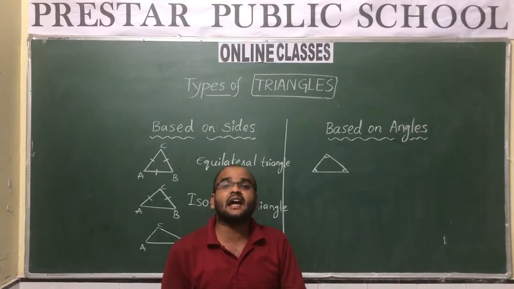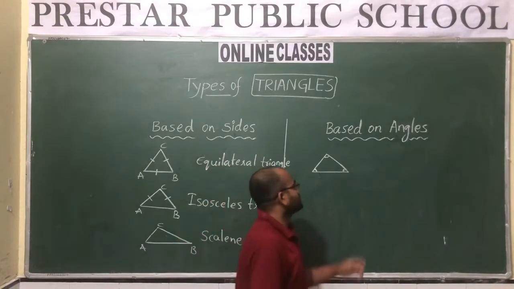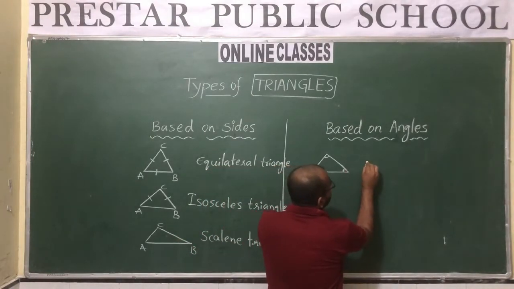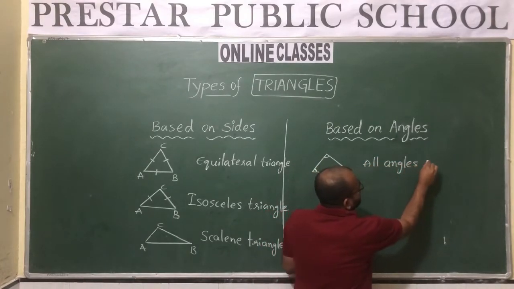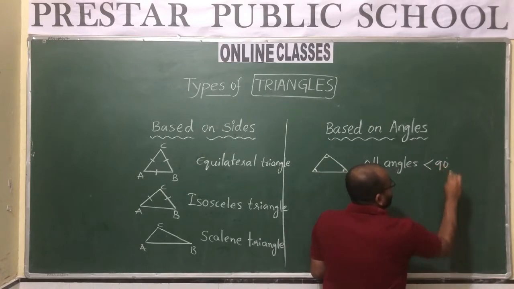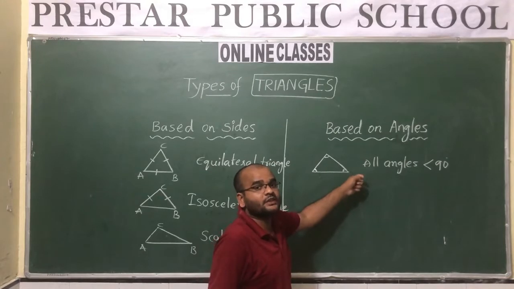If angles are less than 90 degrees, then that type of triangle is called an acute triangle. 3 angles, that means all angles less than 90, then that type of triangle is called an acute triangle.